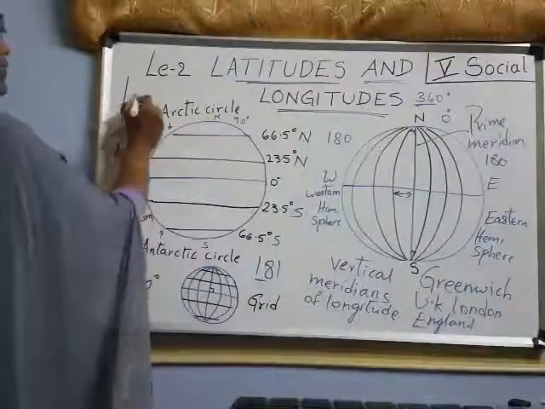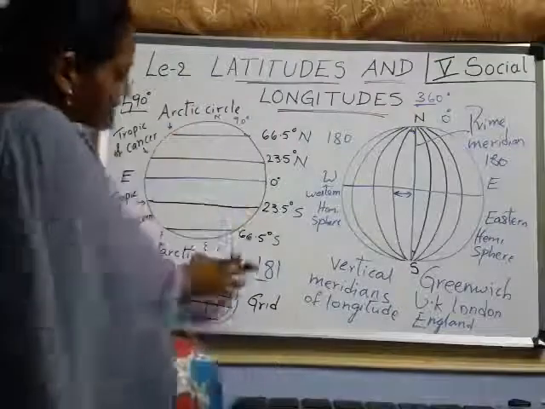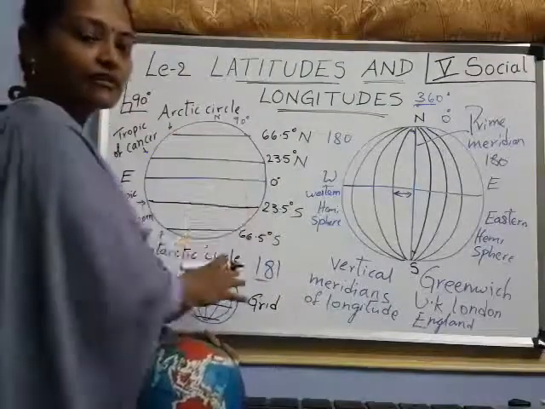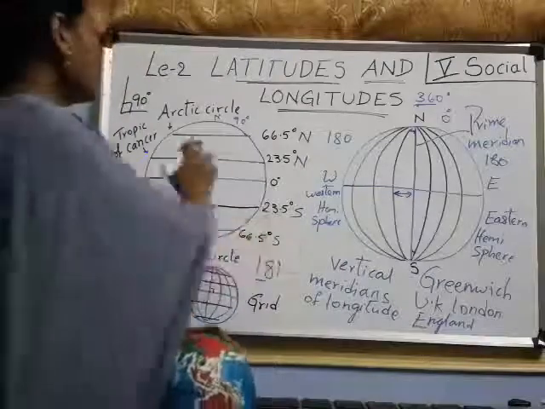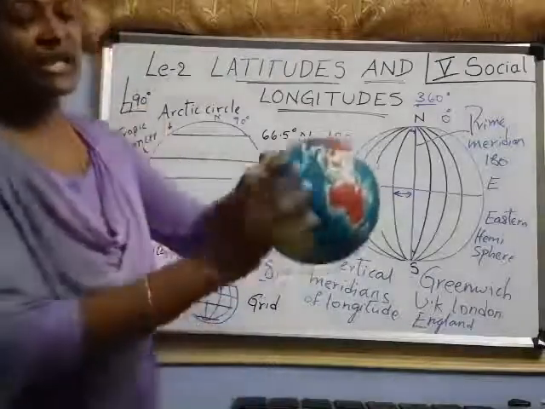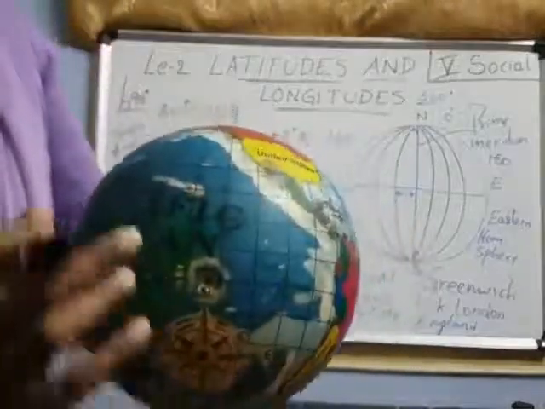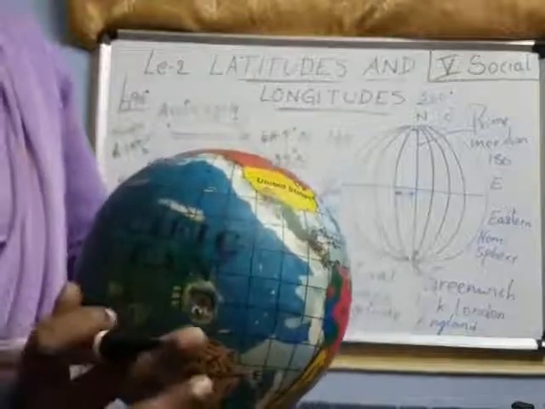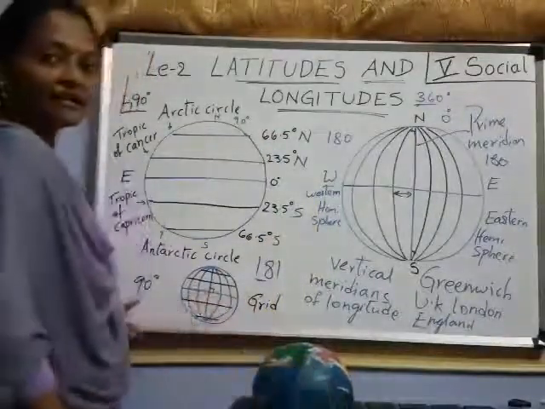Understood? So all latitudes and longitudes intersect at an angle of 90 degrees. On the globe, every angle is 90 degrees. Understood, children? So they both intersect at 90 degrees.